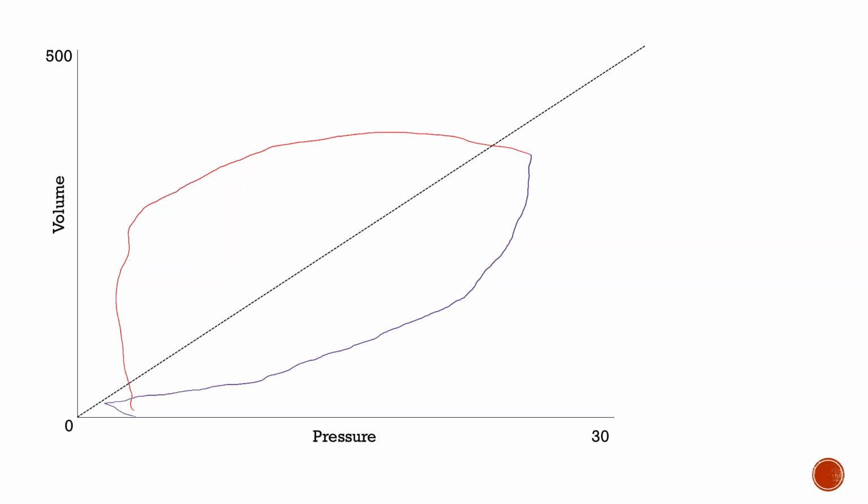Yeah, so if you look right here, by the way, if you remember from the previous slide, this point right here is the PEEP setting. So your breath will start at the level of PEEP that you put it at.